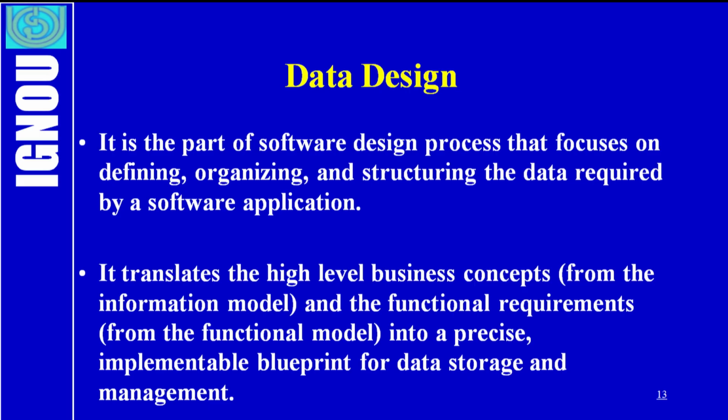So basically, the input to the data design is information model as well as functional model. In the case of information model and functional model, what are we getting? We are getting entity relationship diagram, we are getting data flow diagram. Basically, the information pertaining to ER diagram and data flow diagram become input to the data design.